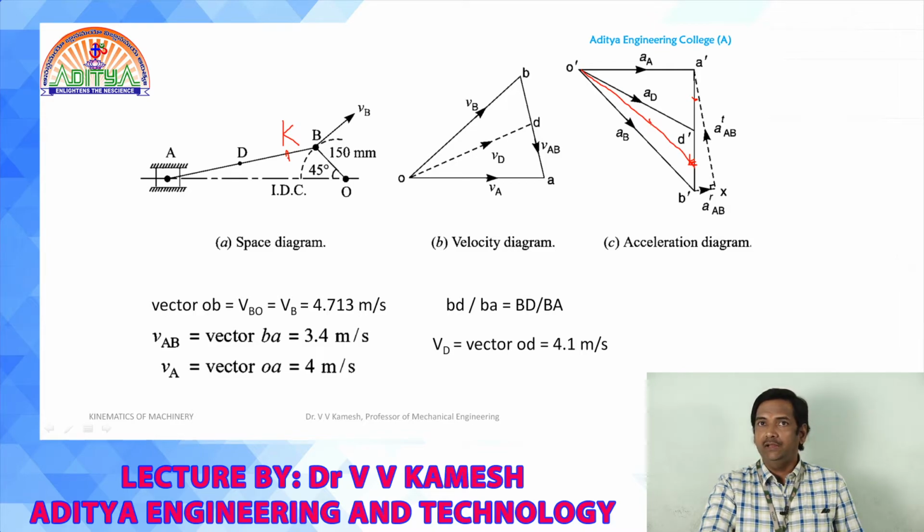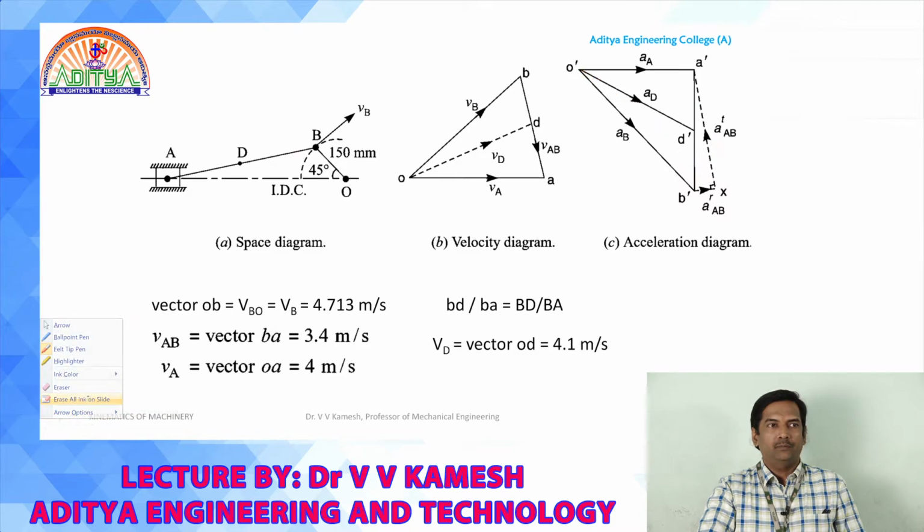Then the acceleration will be easily obtained, O dash K dash, like this. So, O dash K dash will give us directly the acceleration of the point K somewhere between A and B. Any point, whether the middle point or at any distance from A and B, based on the ratio, will be obtained on the A dash B dash acceleration line. There we can get any point's acceleration very easily.